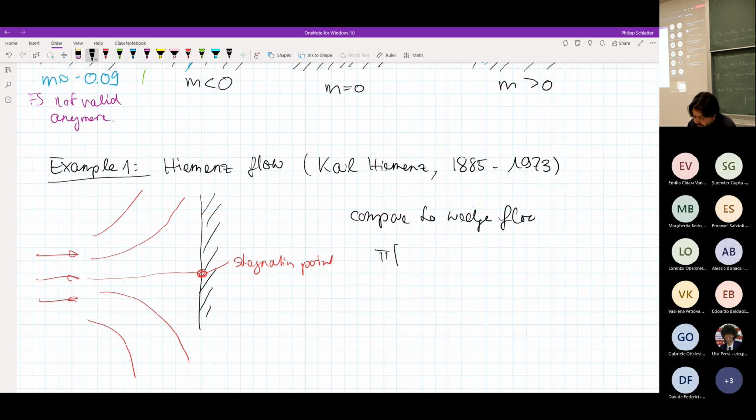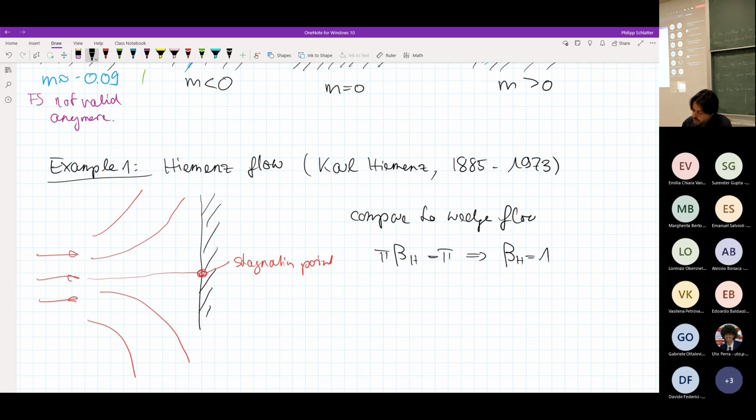So pi times theta_h from above is just pi here. That means that for the Hiemenz flow, beta_h is 1. So that's the most extreme wedge, if you wish. Now I guess you start to understand why Hartree chose beta_h in this way. So 1 is essentially the stagnation point flow.